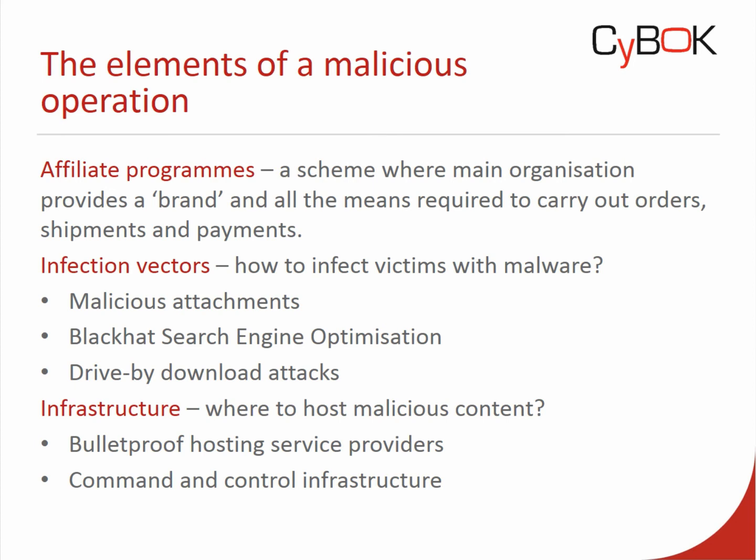So these malicious contents are actually moving around using techniques like fast flux and whatnot, which we discuss in detail in the knowledge area. And here we also have hosting providers who are willingly doing business with criminals.